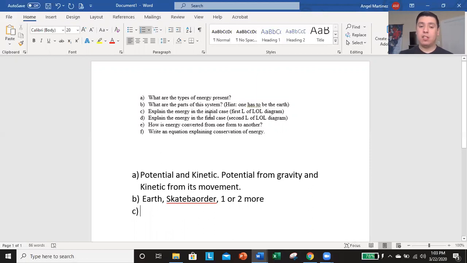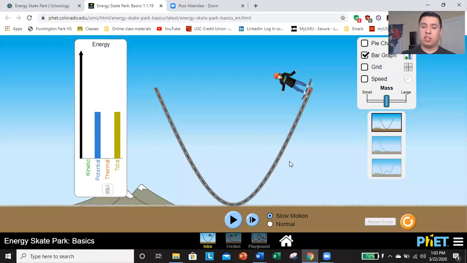Right. Explain the energy in the initial case. So the first one, the LOL diagram. The initial case is before we pause it. So let me put that back here. We can see that the potential energy is the same as the total energy, but they're pretty low.